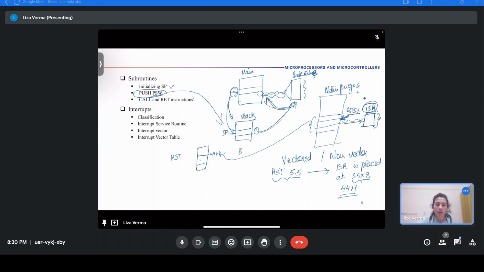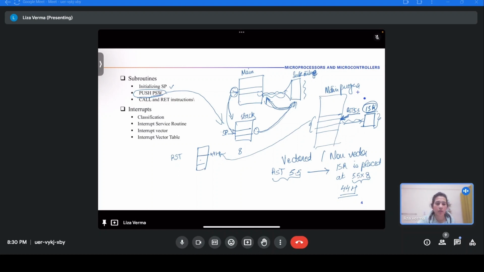In case of RST 2, say it is RST 2, so 2 into 8, that is 16 base 10, RST jumps to 10H location. RST 2 is the software interrupt. I'm talking right now about the hardware interrupt.